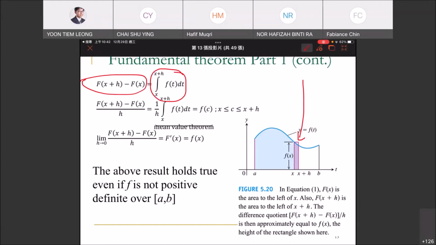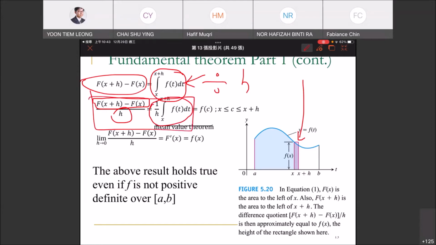And then when you make some small rearrangement, you can show that the difference of the F function divided by h is just equal to the integral of f(t) divided by the same factor of h. Right? So what you do is just divide this by h, then you get this relationship.